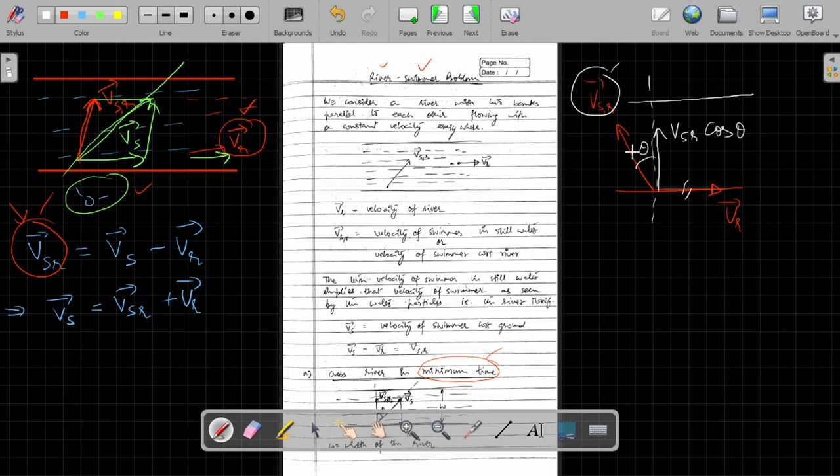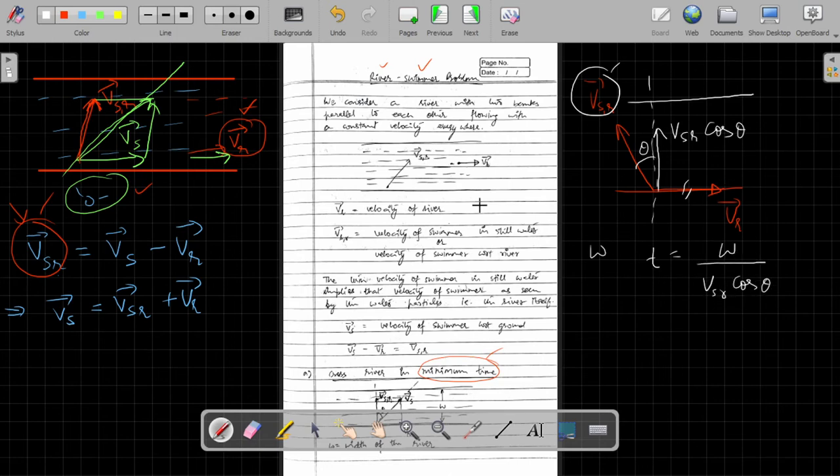So only the velocity of swimmer with respect to river is driving the man perpendicular to the banks and helping him cross the river. Let's say the width of the river is W, then the time taken to cross the river would be W divided by VSR cos theta.